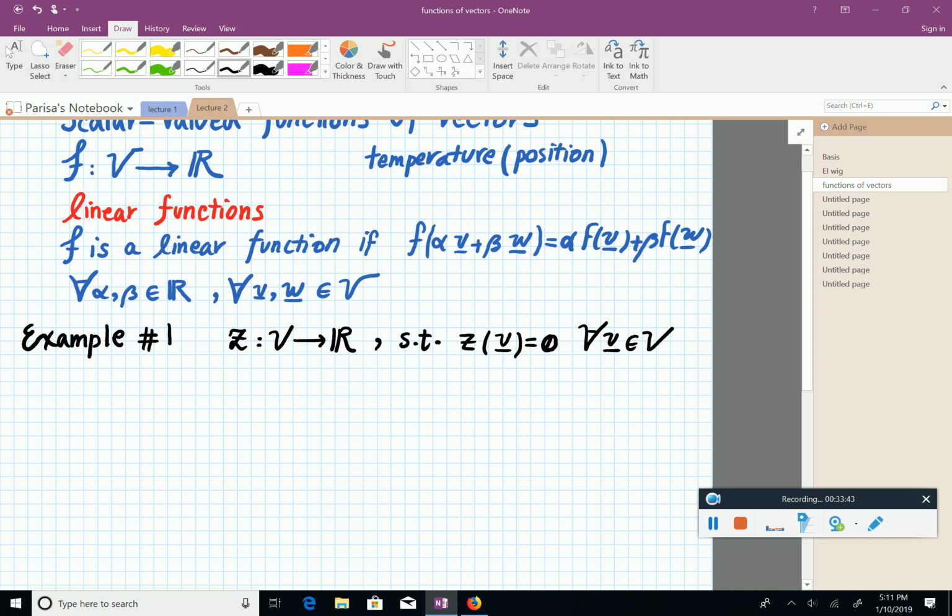When we want to investigate whether a function is linear or not, this one I'll do, the next one I'll let you work on. All we have to do is say, okay, if we take two vectors v and w and act this function upon them, can we say that this holds?